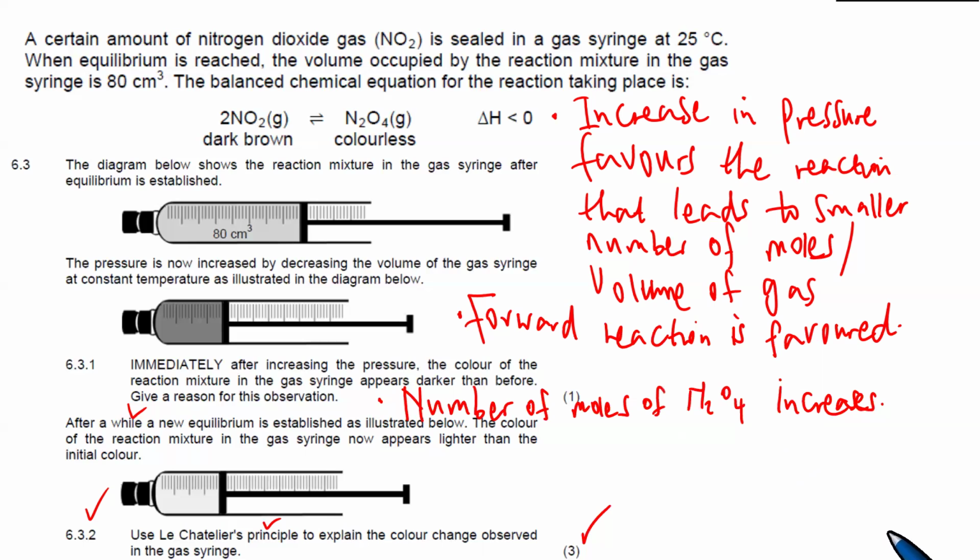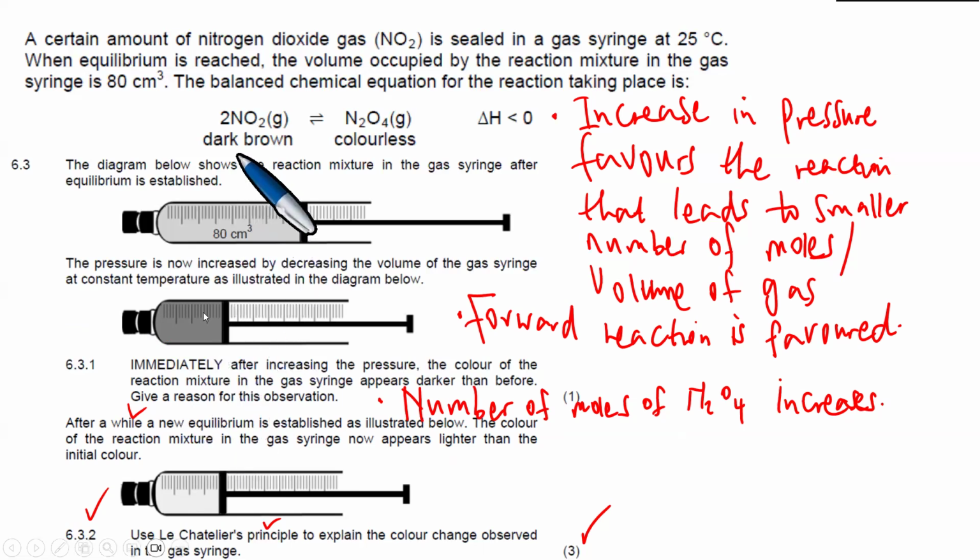Now, a couple of things here remain very, very important. We are saying, use Le Chatelier's principle to explain the color change observed in the syringe. Why did the color change? The color was dark, and then it became lighter.